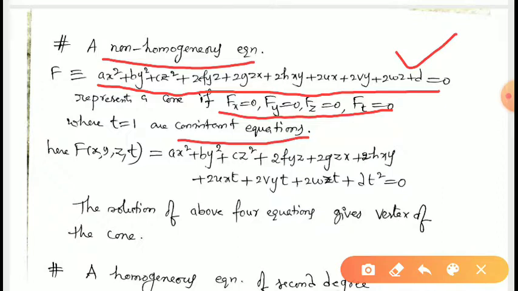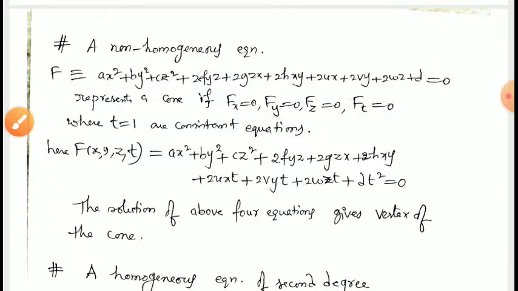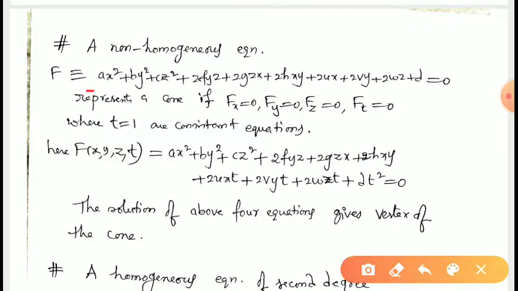So what is F here? Here t is equal to 1, and this is a non-homogeneous equation of second degree in x, y, z.